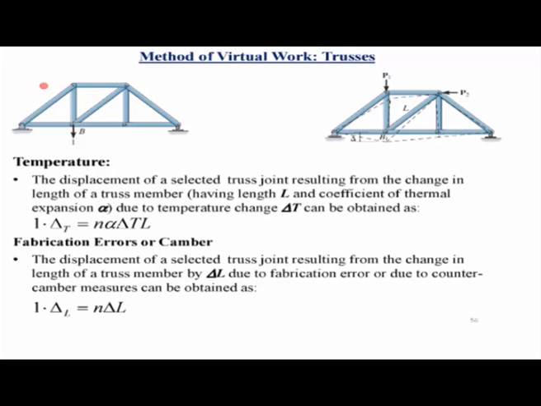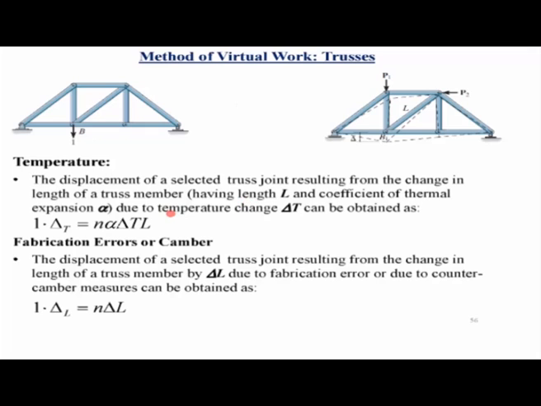Again you apply this unit load and calculate the member force only in the member where the temperature change is occurring. If this was the member undergoing the temperature change, then you find the load in that member due to this applied virtual load, that would be n, and that multiplied by alpha into delta T into L would give you the displacement of this joint due to the temperature change in this member.